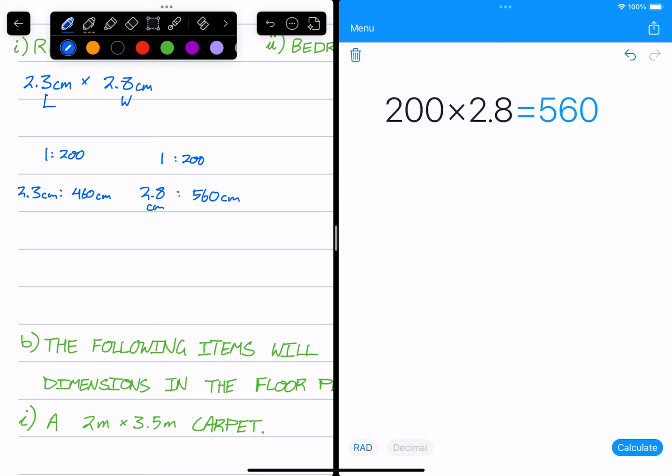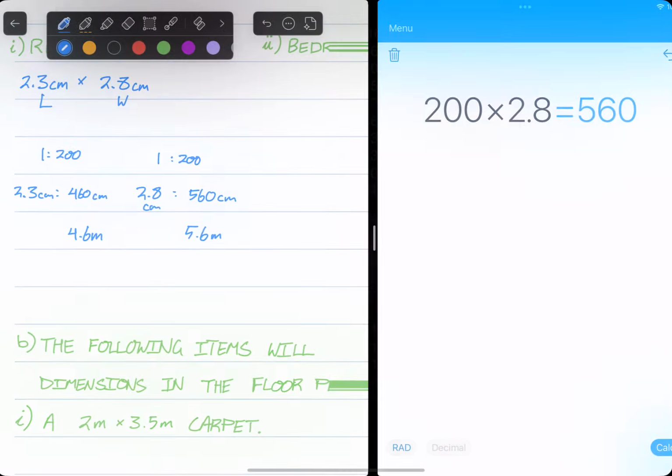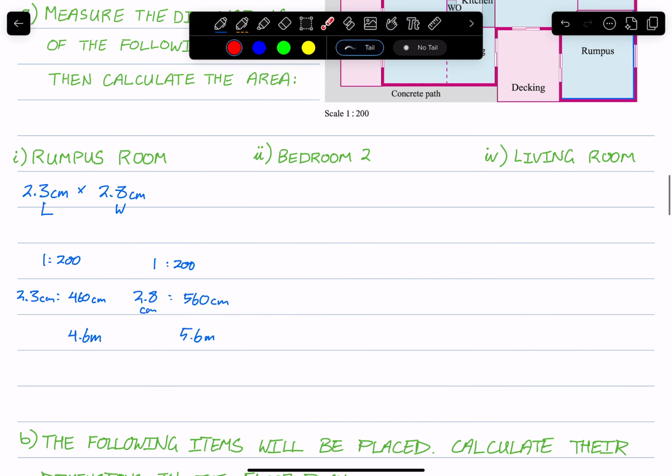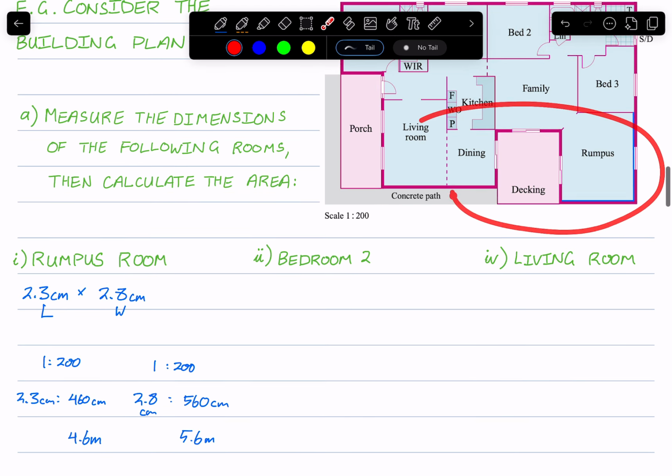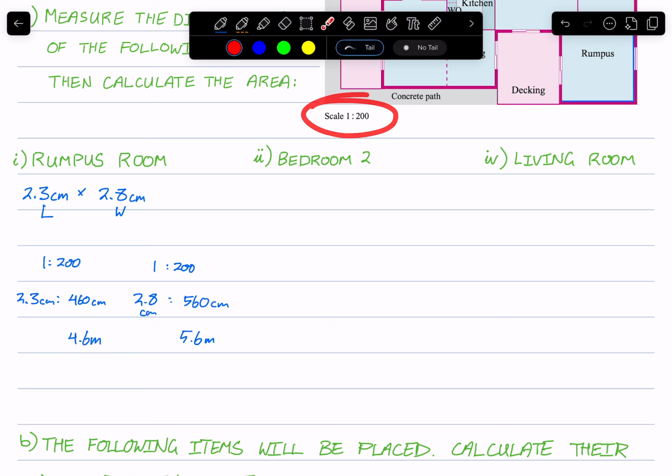I'm going to convert these into meters because that's a more realistic measurement for rooms in the real world. So this is 4.6 meters and 5.6 meters. Now to really drill in our understanding, we've just measured the length and width, 2.3 by 2.8. On our drawing, these are the scale lengths, but by applying our scale, the real lengths are 4.6 and 5.6 meters.